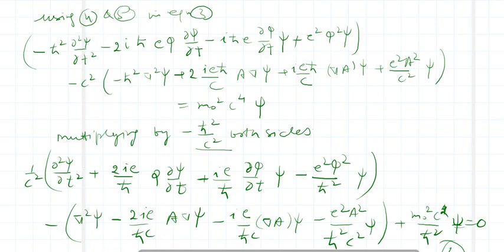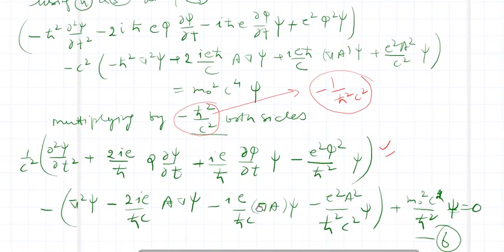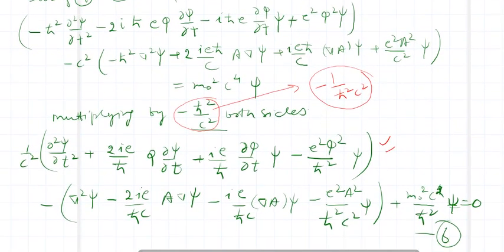Here basically I have to multiply both sides, not by h square by c square, but by minus 1 over h cross square c square, and when I multiply this equation with this factor, then equation number 6 can be obtained, right? So this is the one correction which I try to make.